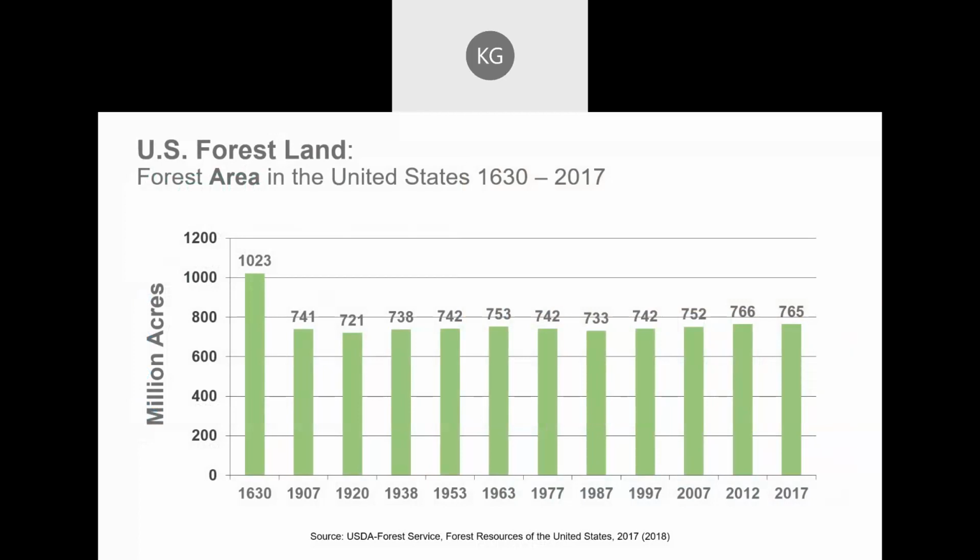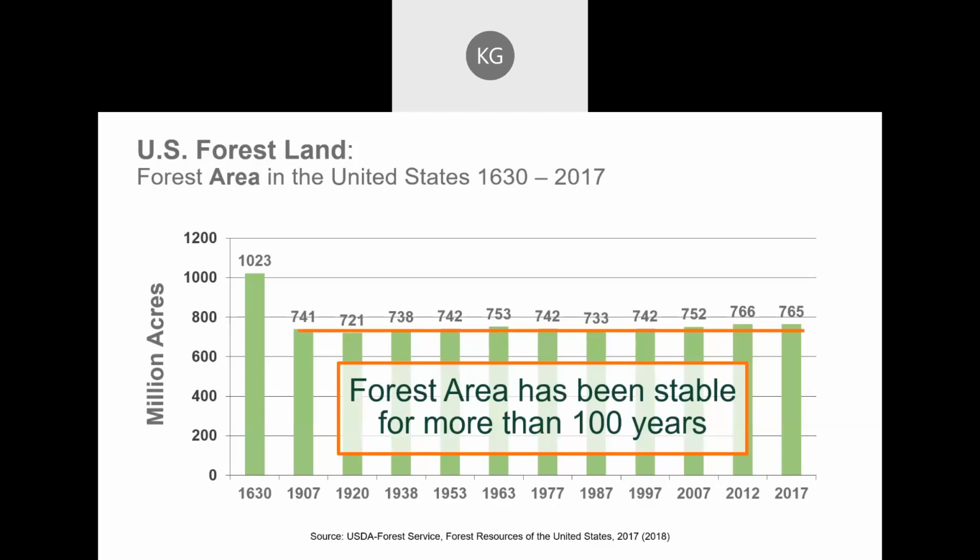And keep in mind, during this time, our population has gone from 76 million to about 330 million. So we've had a big increase in population, but everything else has stayed stable and actually increased ever so slightly. Canada is very similar. They've got about 91% of their original forest cover, which is more than any other country in the world.